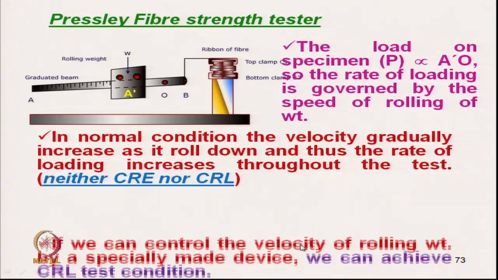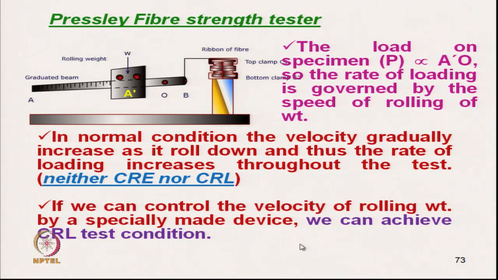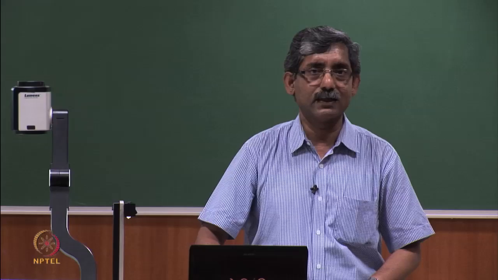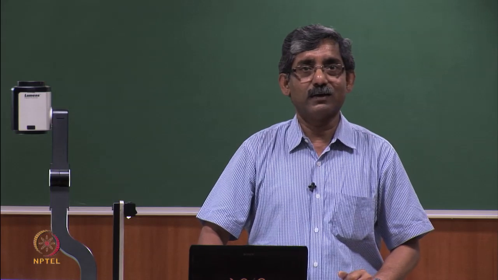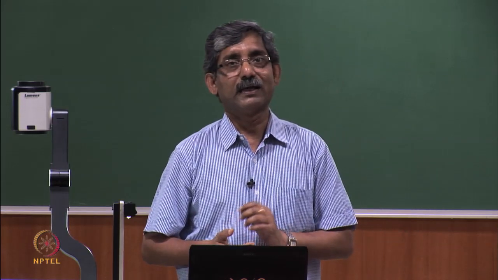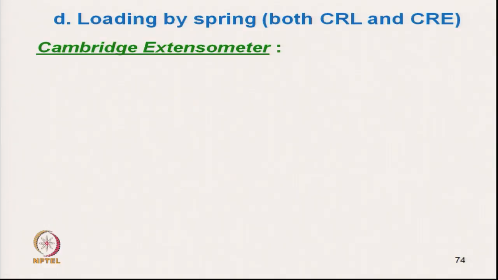Okay. Like the stelometer works on the CRL principle, and if we can control the velocity of the rolling weight by a specially made device, we can achieve the CRL principle. That is basically difficult, but in the normal case it does not work. Okay. Next is an instrument called the Cambridge extensometer.